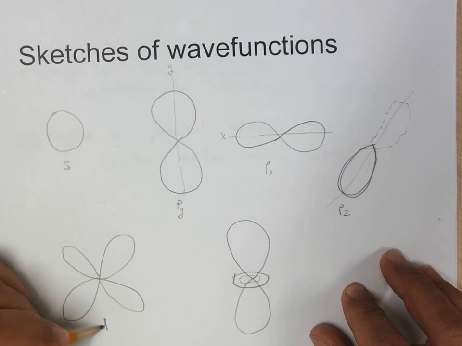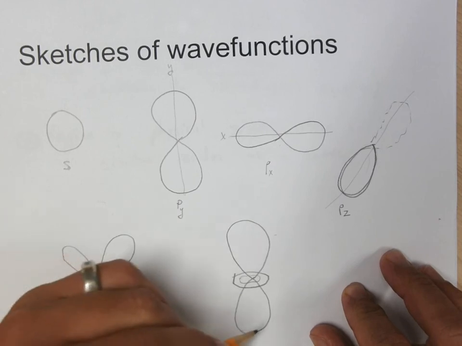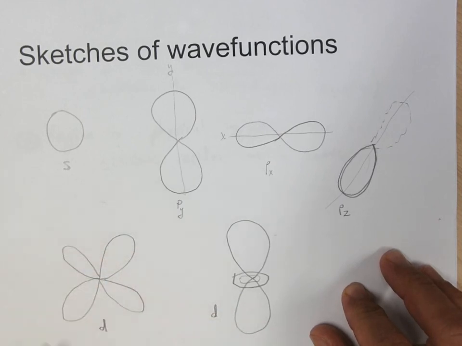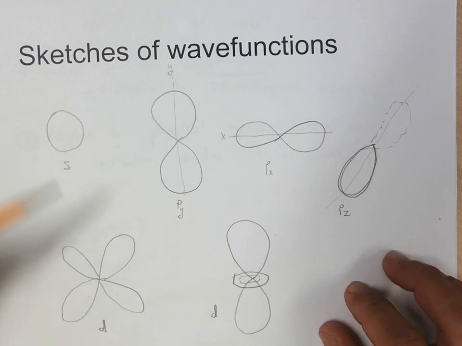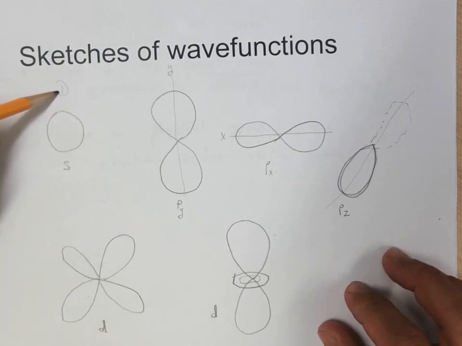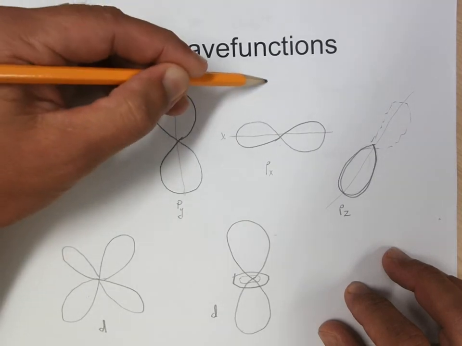These guys are d orbitals, and those are 2 of the shapes. This one goes along 4 different independent orientations, and this one's sort of mathematically a complicated combination one that gives us our 5th. So there's one wave function that looks like this in each energy level.